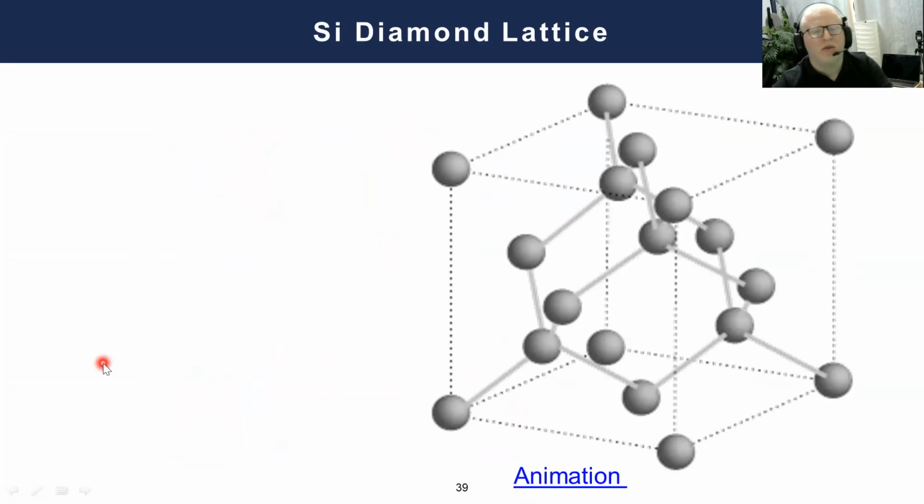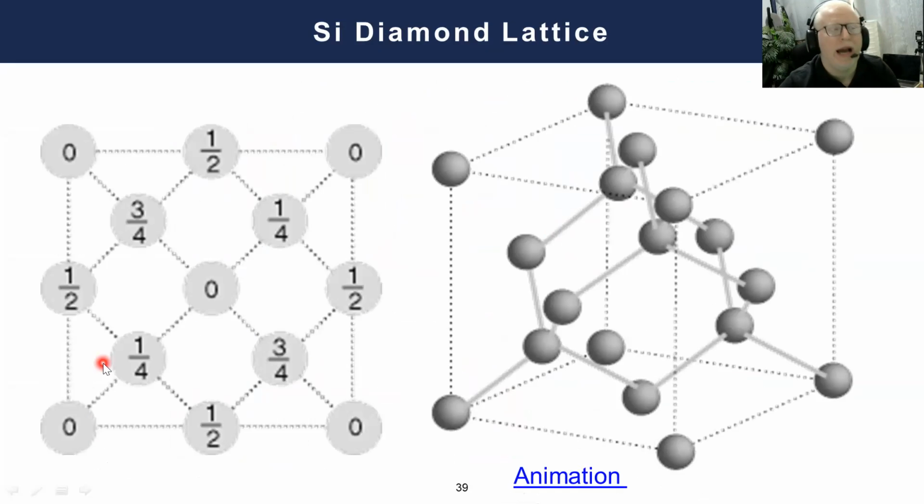Here is the most famous material we have, which is silicon. As I just mentioned, maybe 95% of the electronic industry all over the world runs on silicon. If you remember from your chemistry classes in high school and maybe in prep year, in the periodic table, silicon is in the fourth group.